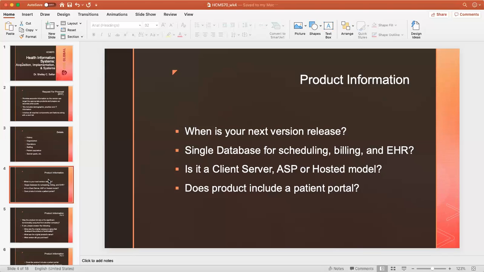You want to do a single implementation. You don't want to do an implementation and then have to do a new version download and then possible retraining right away. Okay? Is there a single database for scheduling, billing, and the EHR so they can talk to each other?